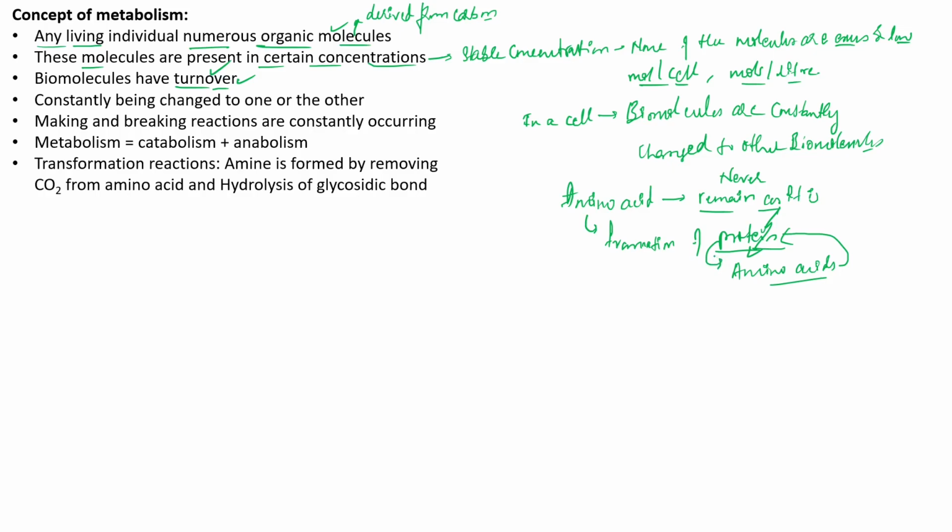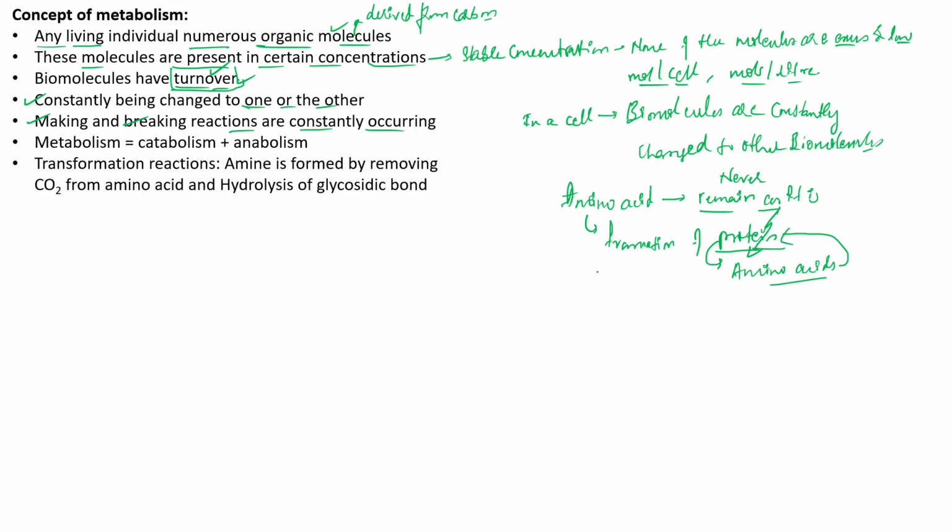They will be constantly changed from one form to another form, and this is what we mean by the term turnover, right? Constantly the molecules are being changed from one form to another. So now we can see that these making and breaking kind of reactions are constantly occurring.